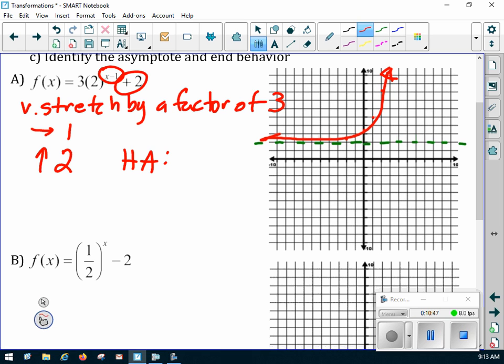Okay? So your horizontal asymptote is at x equals or y equals? Y equals 2. Let's do your end behavior.